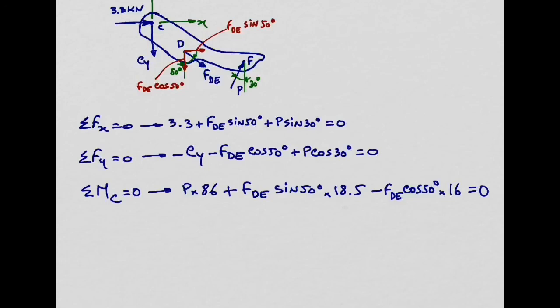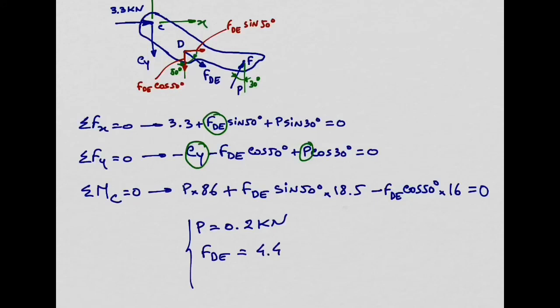Look at this now. How many unknowns do I have? Well, I have FDE, 1, force P, 2, and Cy. So I can solve this system of equations, and if you do that, you get these answers. You get P equal to 0.2 kilonewtons, FDE equal to 4.44 kilonewtons, and Cy equal to 3.03 kilonewtons.